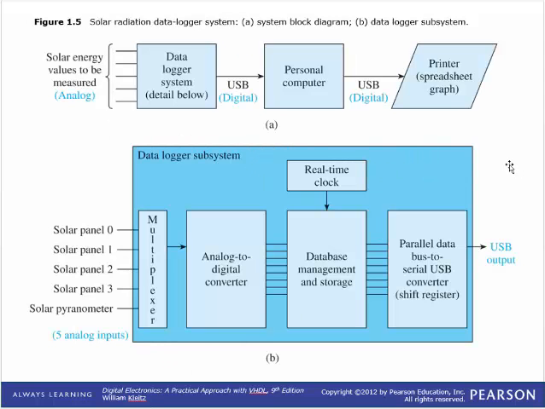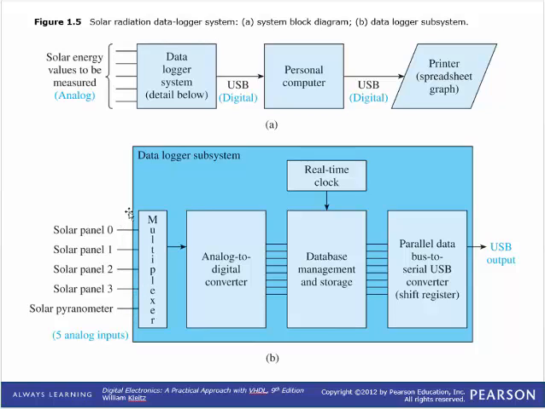One more example out of your textbook, just to cover the examples. This is an example where you're getting lots of different analog signals from, they said, a solar energy system, but whatever, all kinds of analog signals. They go to a device called a data logger, which I have shown down below. The data logger takes the analog signal and converts it to digital, and then the computer can use it. Inside this data logger, it samples the first analog input signal, the second one, the third one, one at a time.